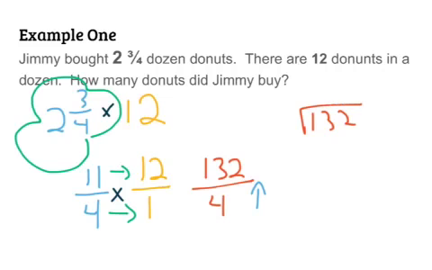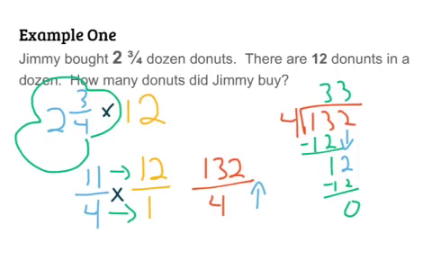132 divided by 4. Well, 4 does not go into 1, but 4 goes into 13 3 times. 4 times 3 is 12. When we subtract from 13, we get a remainder of 1. I'm going to go ahead and bring down our 2 here. Now it says 12 again. 4 goes into 12 3 times, and of course it is 12, and we do not have a remainder.